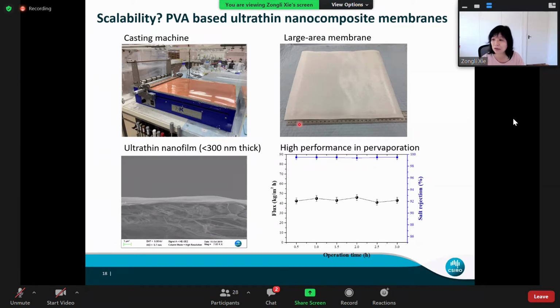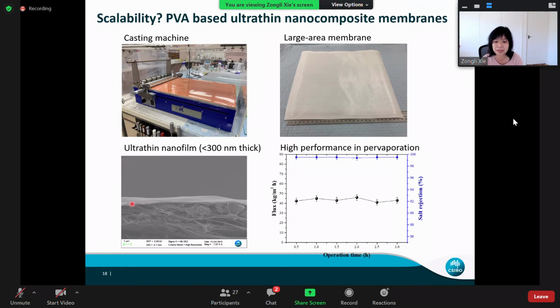Of course, this membrane still goes through a number of heat treatment and post-treatment steps. But we can randomly take any piece and evaluate the membrane, and it has demonstrated very good performance.